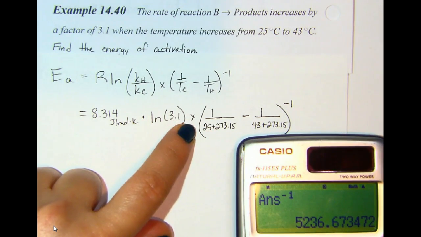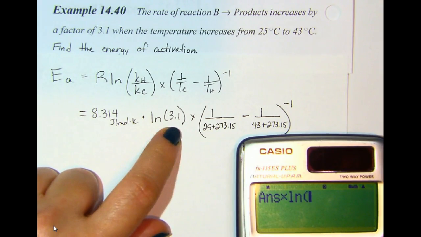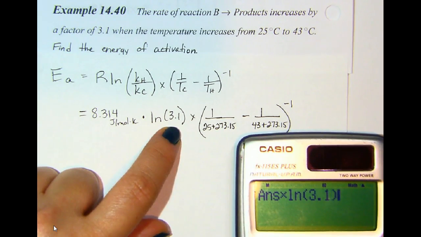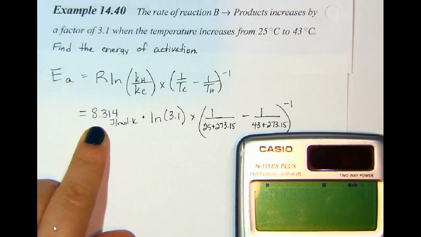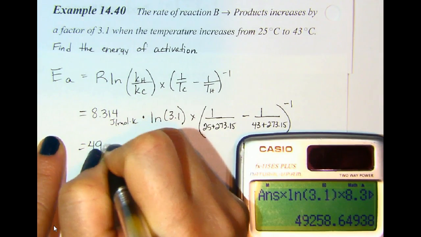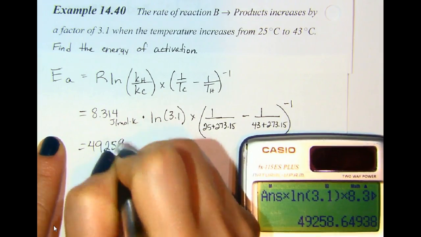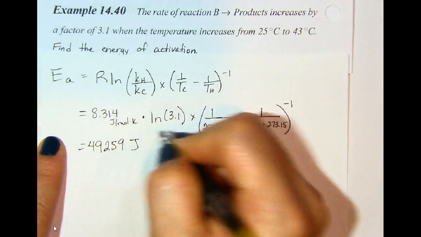I'm going to multiply that times the natural log of 3.1, close parenthesis, and times 8.314 equals. We get a value of 49,259. Keep in mind that this is in joules.